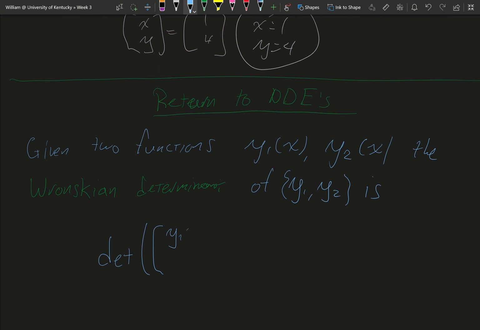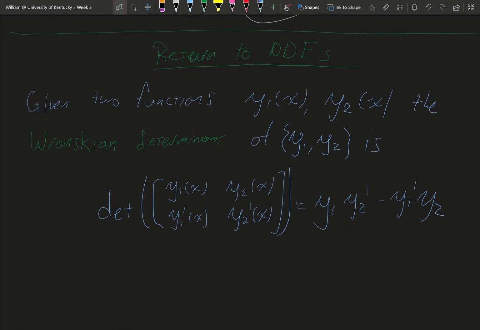of the matrix whose first column is y1 of x and then the derivative of that, and the second column is y2 and then the derivative of y2. So just to write it out, y1 times y2 prime minus y1 prime times y2.